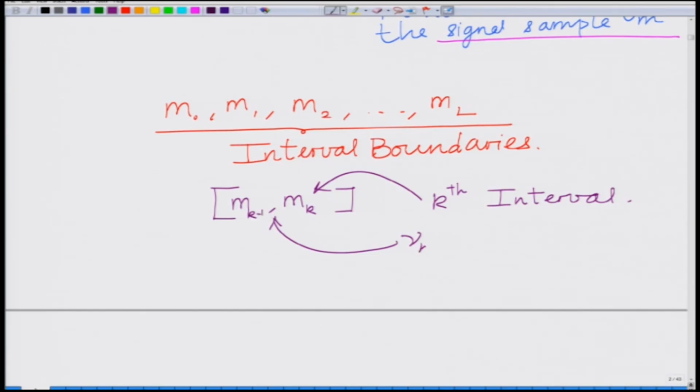This is your kth interval, and nu k is the quantization level in the kth interval.